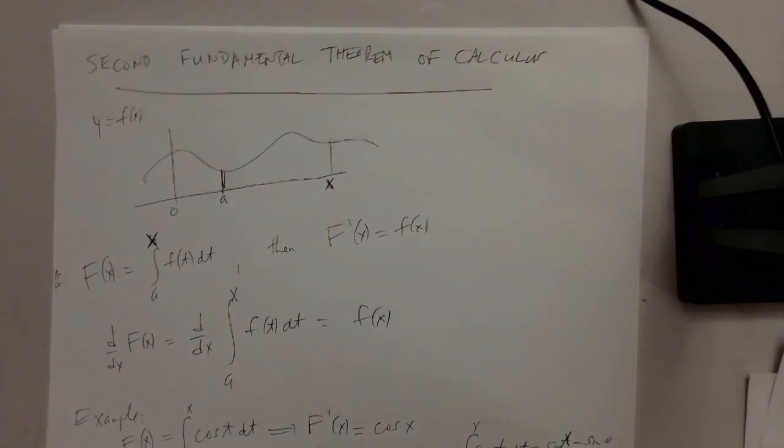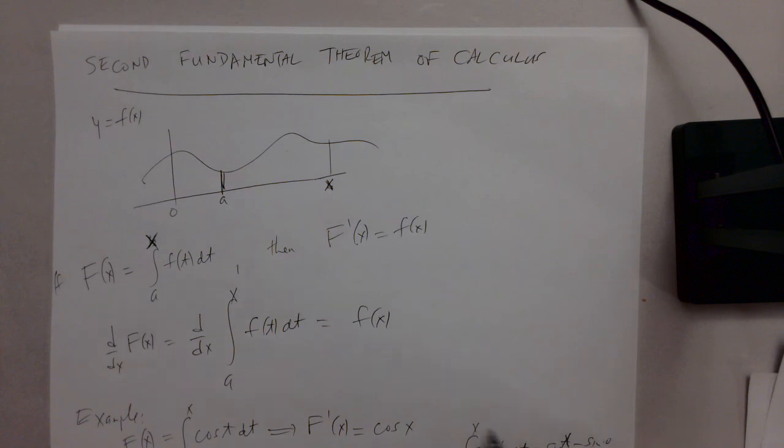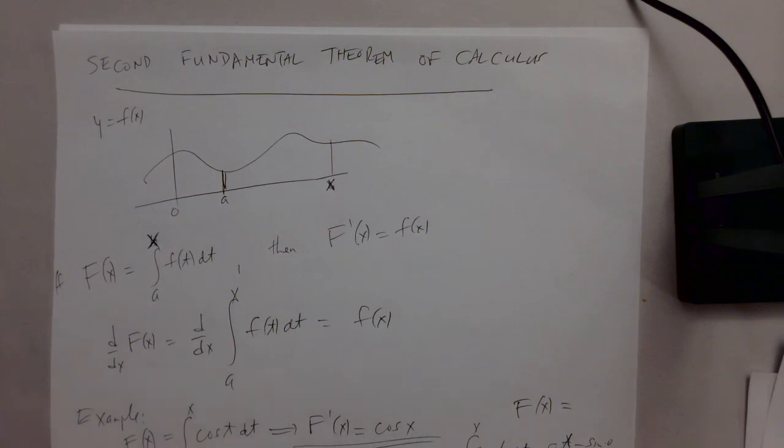This is sine of x. So sine of x, this is what capital F of x is. So F prime of x is the derivative of the sine, which is the cosine. So that checks. That's just what we got.